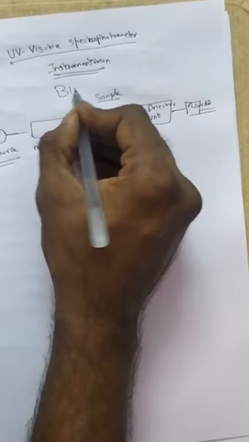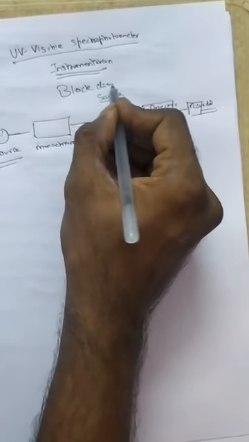So this is the basic block diagram for UV visible spectroscopy. It consists of a source. This is going to be the same for all the instrumentation which we are going to study in our syllabus: UV spectroscopy, IR spectroscopy, atomic absorption spectroscopy, or flame spectroscopy. There will be a source.